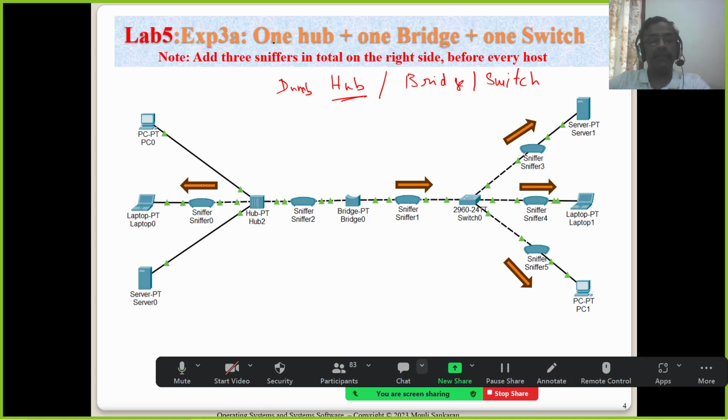Let me give an example. You connect multiple hosts. Please remember, I can decide to connect a host to either a hub or a bridge or a switch. As long as I want to connect a host to an Ethernet network, I have three devices to connect to.